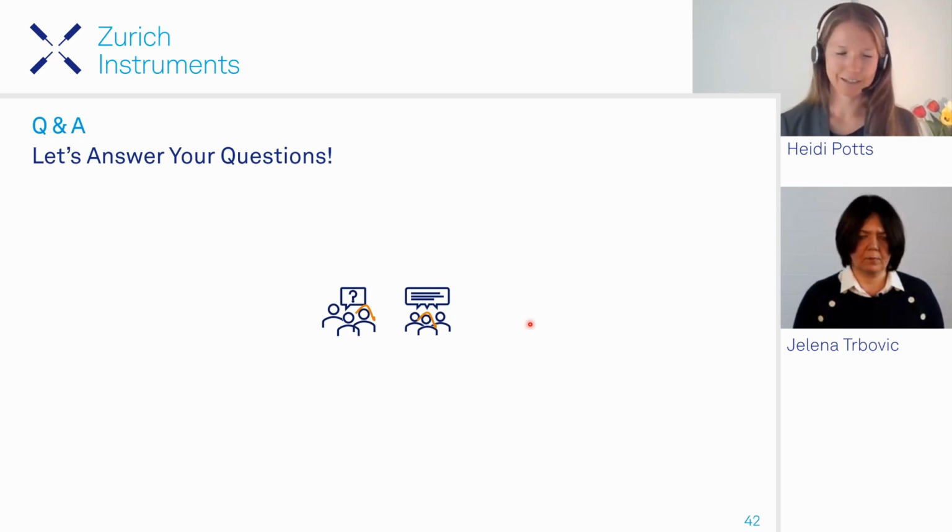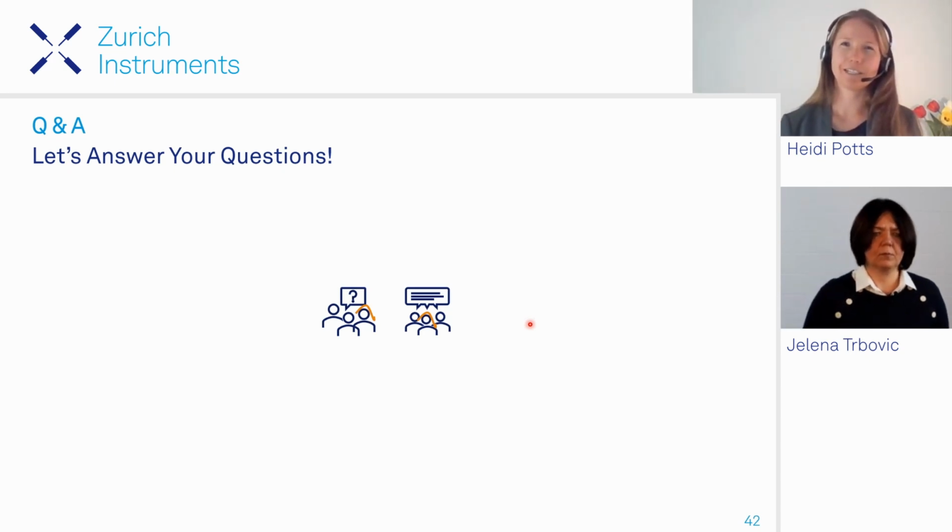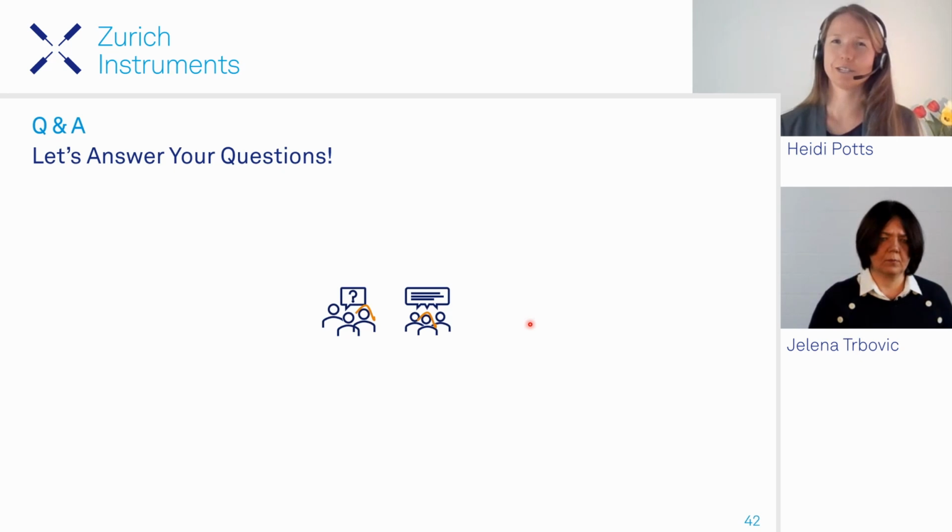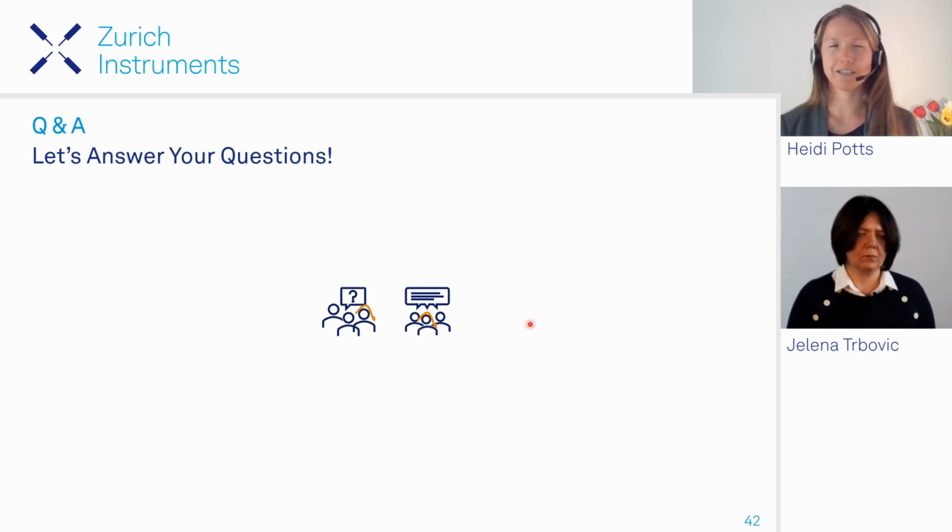That's one option. In general, you have different alternatives to acquire the data with the lock-in amplifiers. You can either use the built-in user interface that I've shown you in the demos.